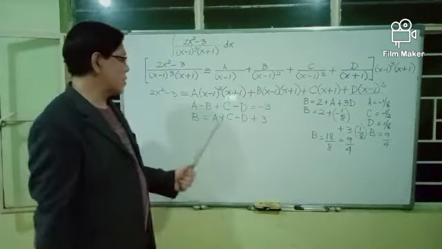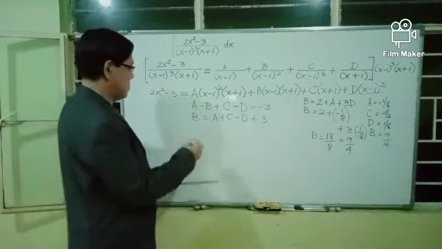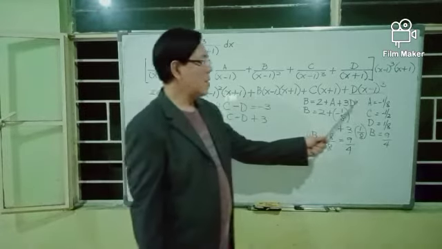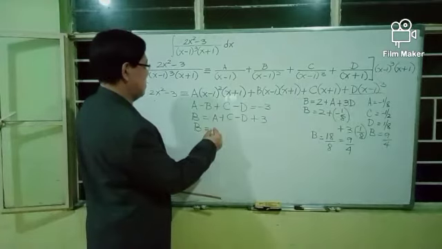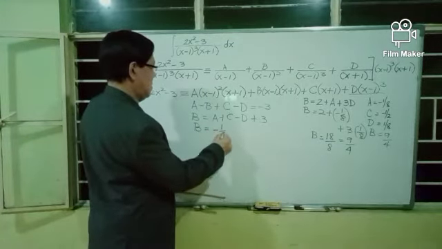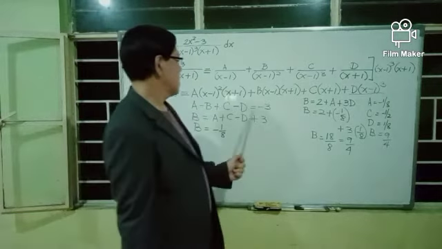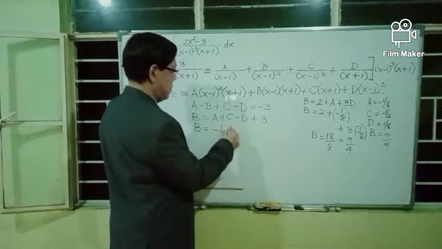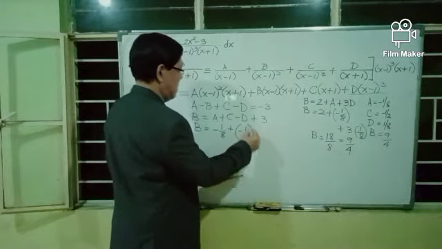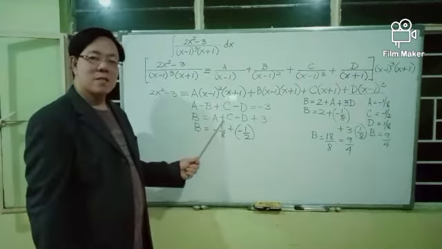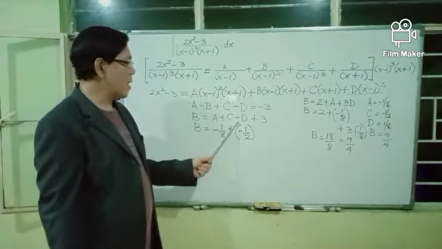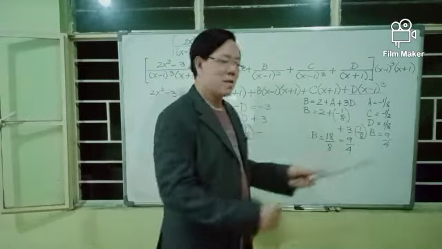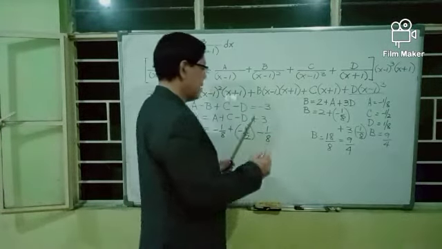Now we substitute the values of a, c, and d. b equals a, negative 1 over 8, plus c, c is negative 1/2, minus d, d is 1/8, and plus 3.